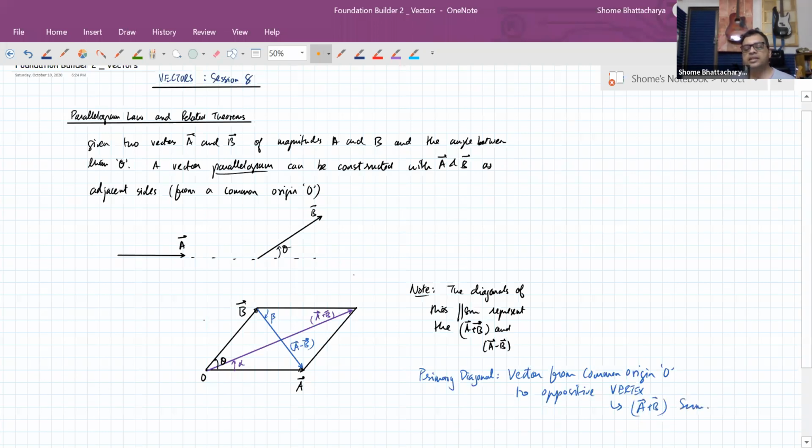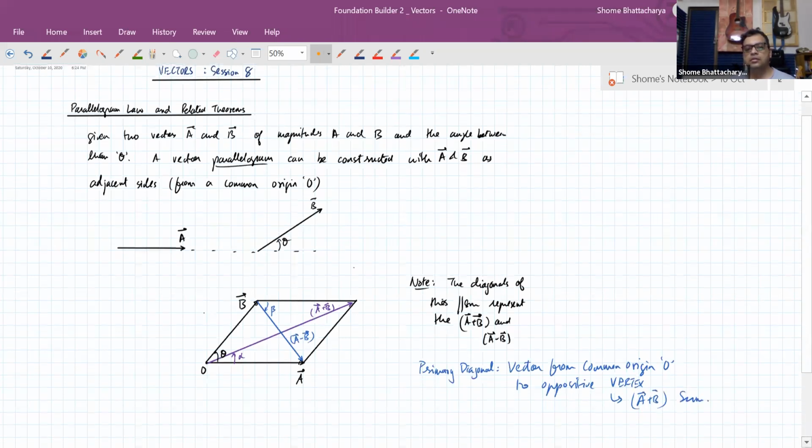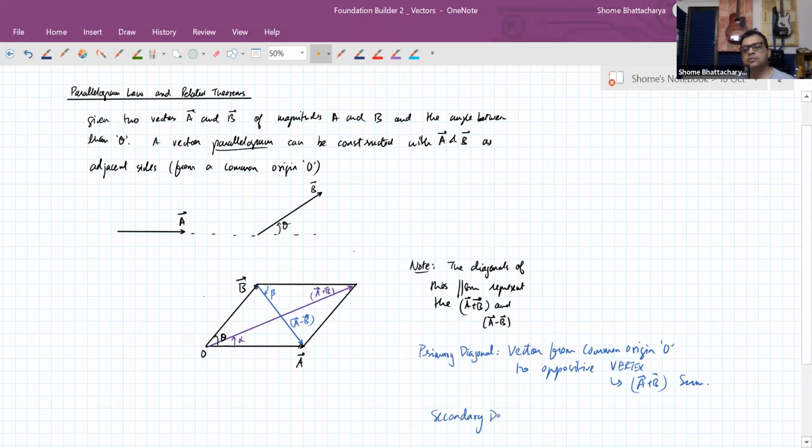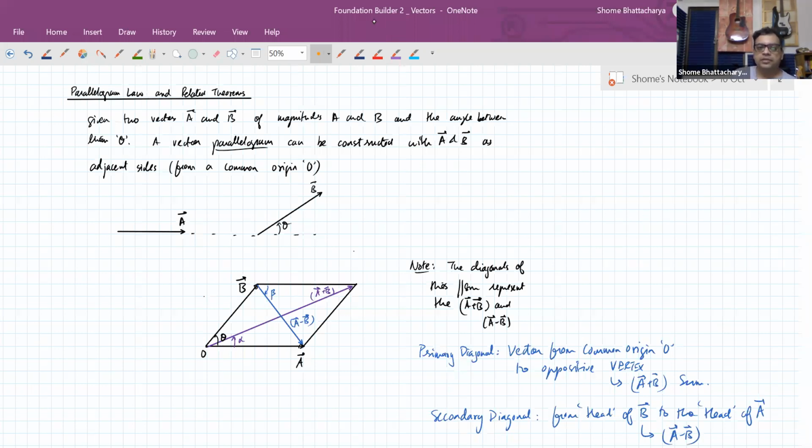And the secondary diagonal, for example here I have drawn it from the head of vector B to the head of A, this becomes the difference, A minus B. So just make a note of this.